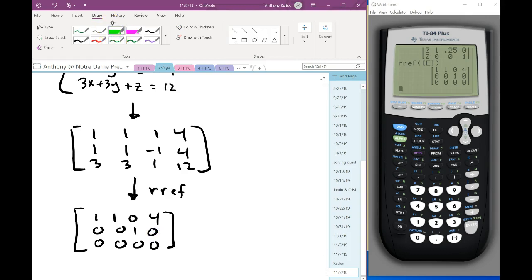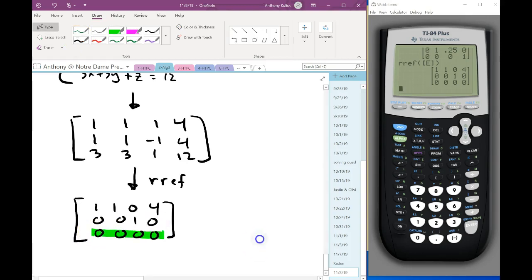So which of these rows tells me that I have infinitely many solutions? Row 3. What row 3 is saying is 0x plus 0y plus 0z is equal to 0, or just rather 0 equals 0.